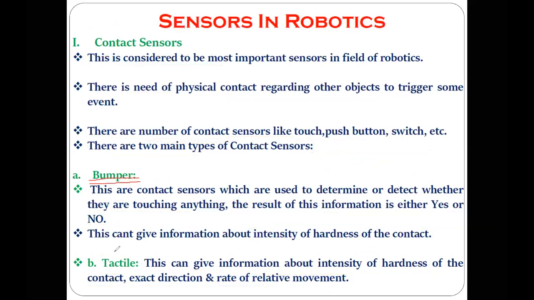What does the bumper contact sensor give you? How does it function? What information does it give?